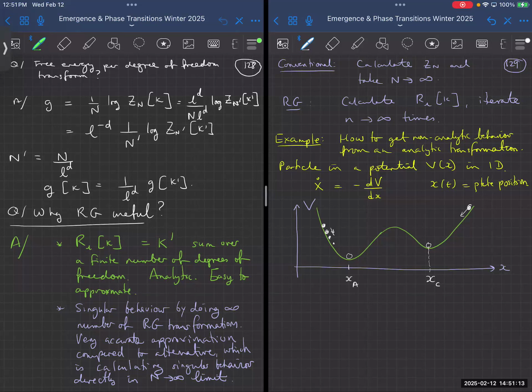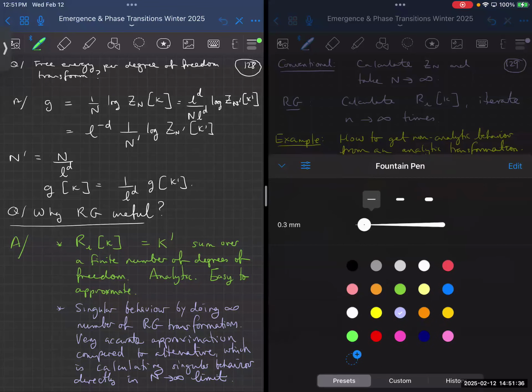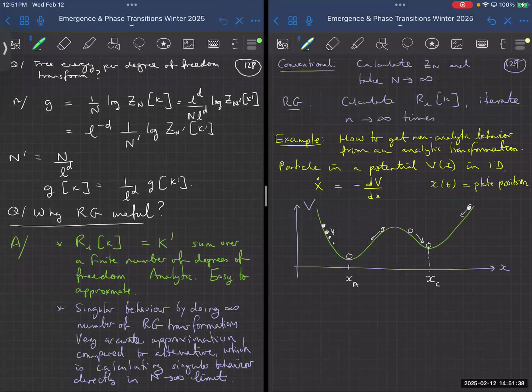And if, on the other hand, the particle were to start off over here, it would roll down and eventually end up at x_a. If the particle were to start off here and roll down the hill, it would end up at position x_c. So I could then draw on the horizontal axis the position of the particle. I'm going to draw the picture something like this. Let's get a different color. So the particle starts off over here, and then it moves downhill like this.